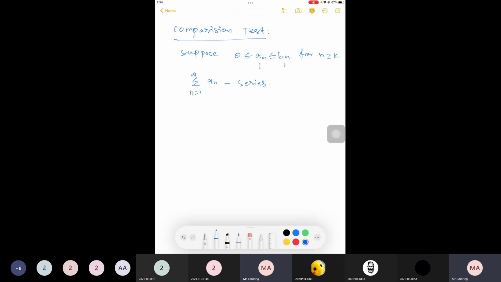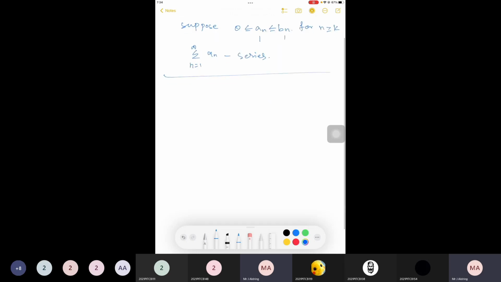I will show an example so you can understand what a comparison test is. Consider summation n from 1 to infinity of 1 divided by (n plus 1) whole square. It converges. We can write this as 1 divided by (n plus 1) into (n plus 1), which is definitely less than or equal to 1 divided by n into (n plus 1).